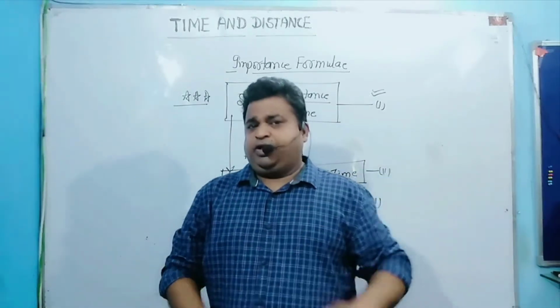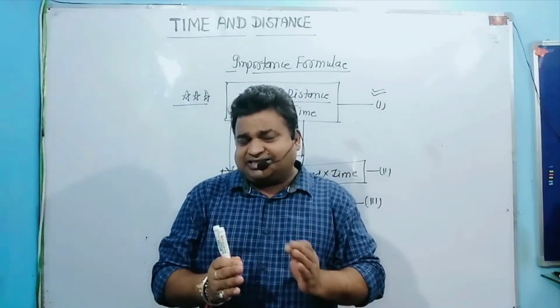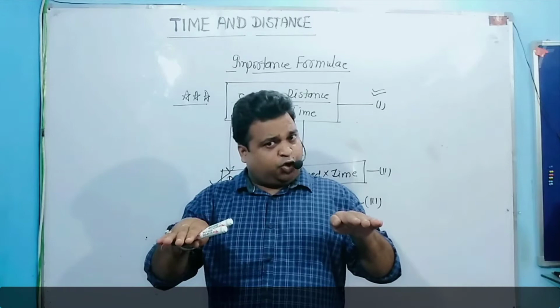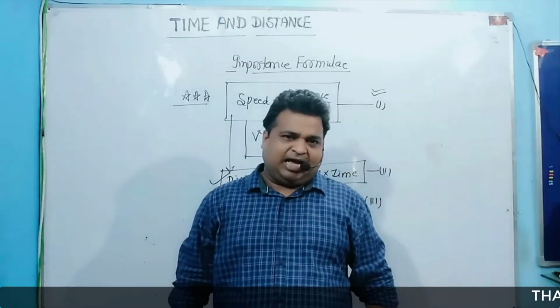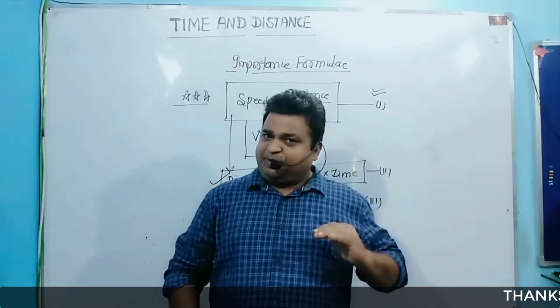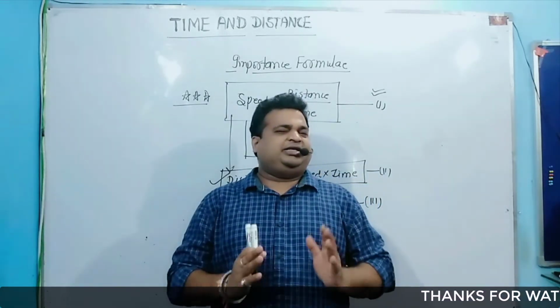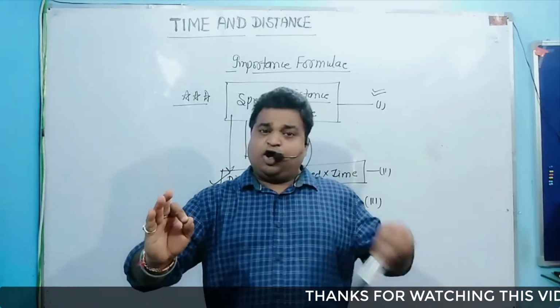Now I move to the conversion, which is very important for distance and time, because in distance and time the unit plays an important role. Sometimes time is given in hours, sometimes in seconds, speed is given in meter per second or kilometer per hour, and distance is measured either in kilometer or meter.